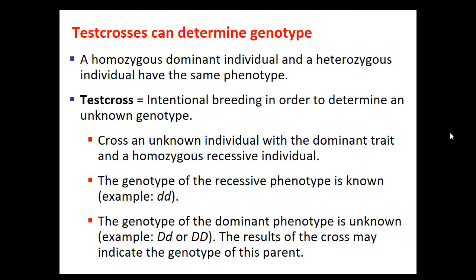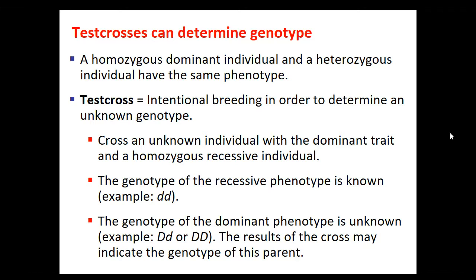We cross this person with someone who's little b, little b, and we see what their kids look like. If they had any kids who have blue eyes, what does that tell us about this? Recessive. Yeah, it has to be little b, right? If they have a kid with blue eyes, which would be little b, little b, that tells us that this has to be little b.